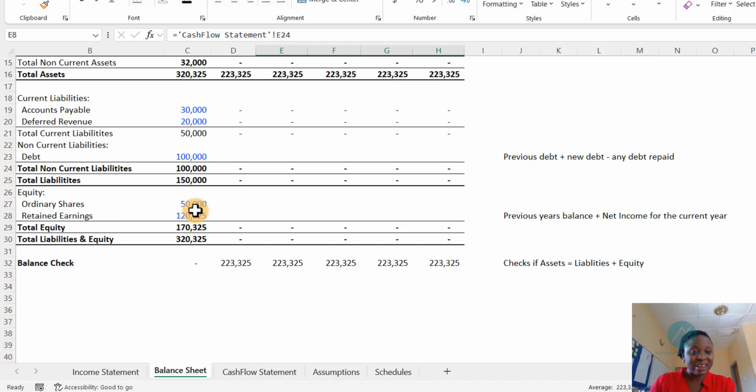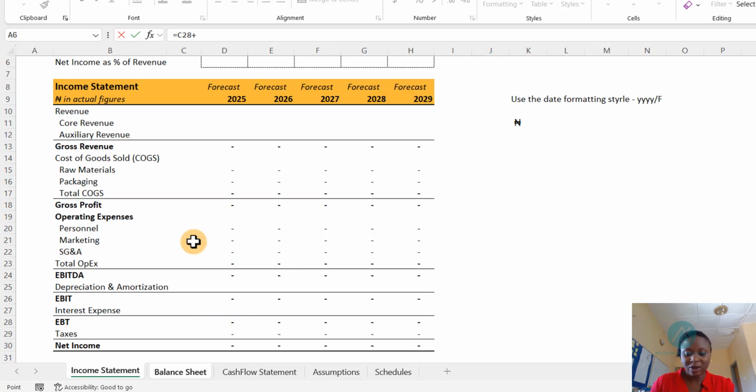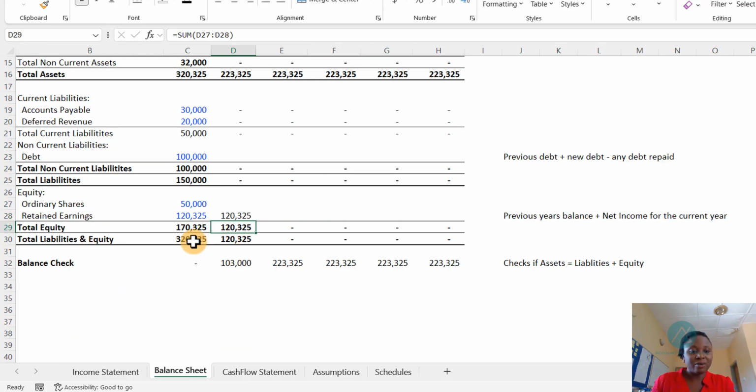Mind you, this particular retained earnings picks the net profit of the year, right? Retained earnings will add the previous retained earnings plus the profit for the year. So you say equals to the previous retained earnings, plus the net profit from the income statement. We already have 2024 retained earnings, so 2024 retained earnings plus the profit for 2025.